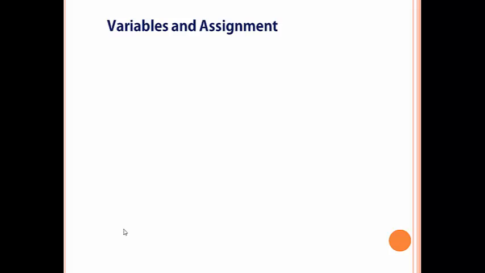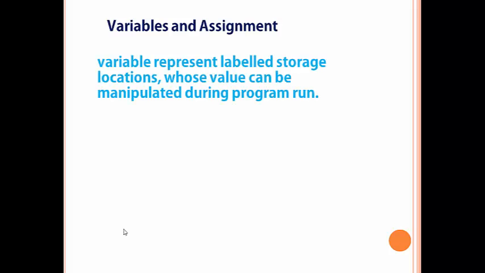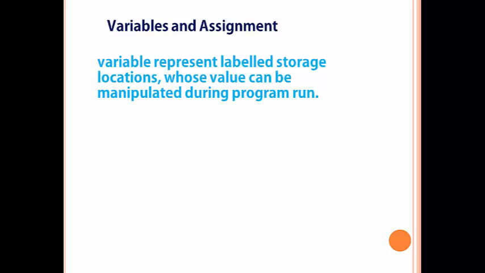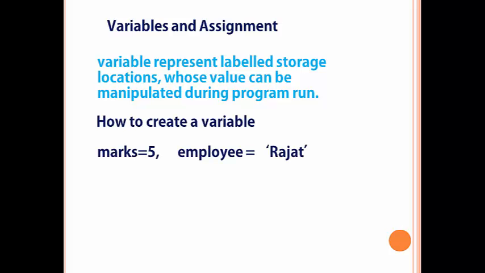You can say it's a memory location, but in Python it's not actually a memory location. It represents a labeled storage location whose value can be manipulated during the program run. We will try to understand this more minutely: what this means and how to create a variable. These are the ways we can create a variable.